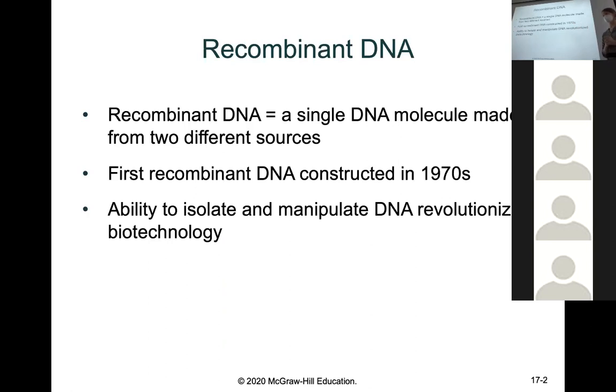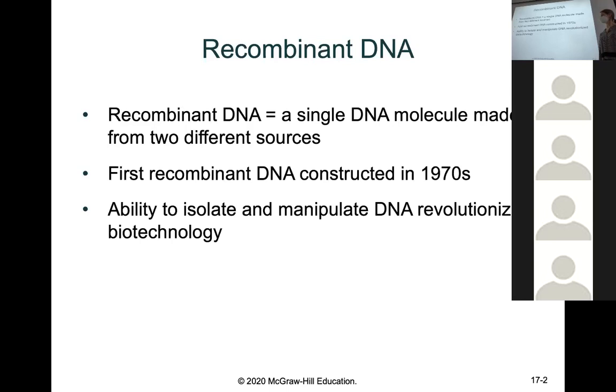The first recombinant DNA molecule was created in the 1970s. Before that, they didn't really have the ability to combine different organisms' DNA. Since then, it's taken off and made a lot of strides.